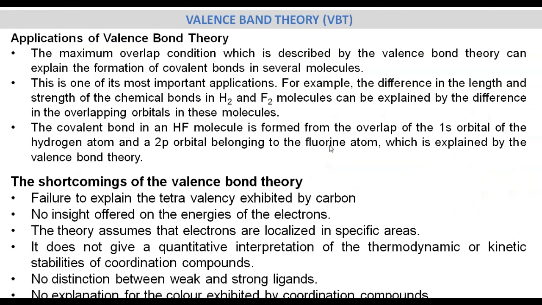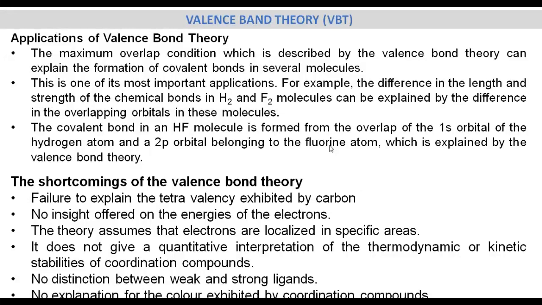What are the applications of the valence bond theory? The maximum overlap condition described by the valence bond theory can explain the formation of covalent bonds in several molecules. This is one of its most important applications. For example, the difference in the length and the strength of the chemical bonds in H2 and F2 molecules can be explained by the difference in the overlapping orbitals in these molecules.